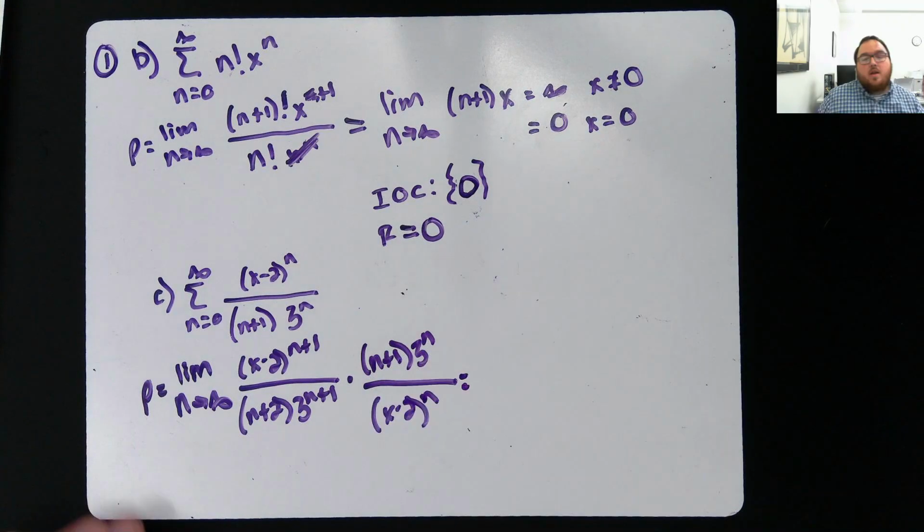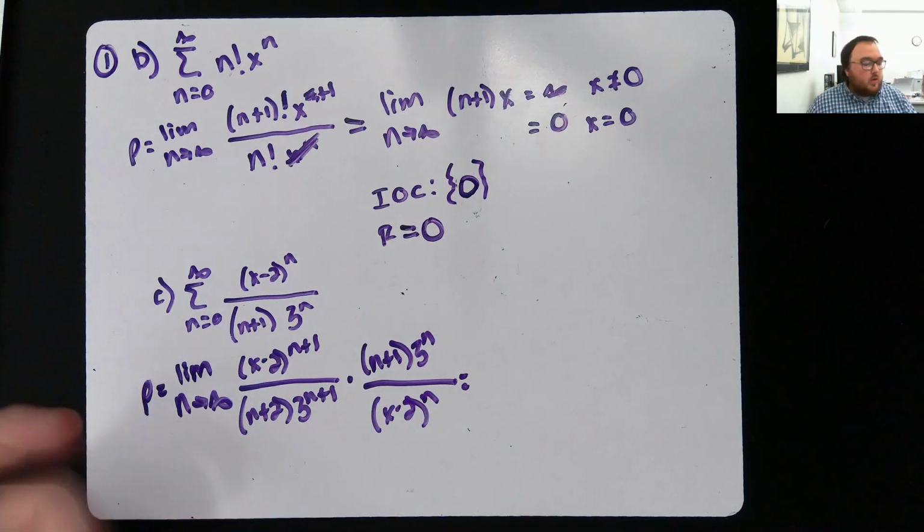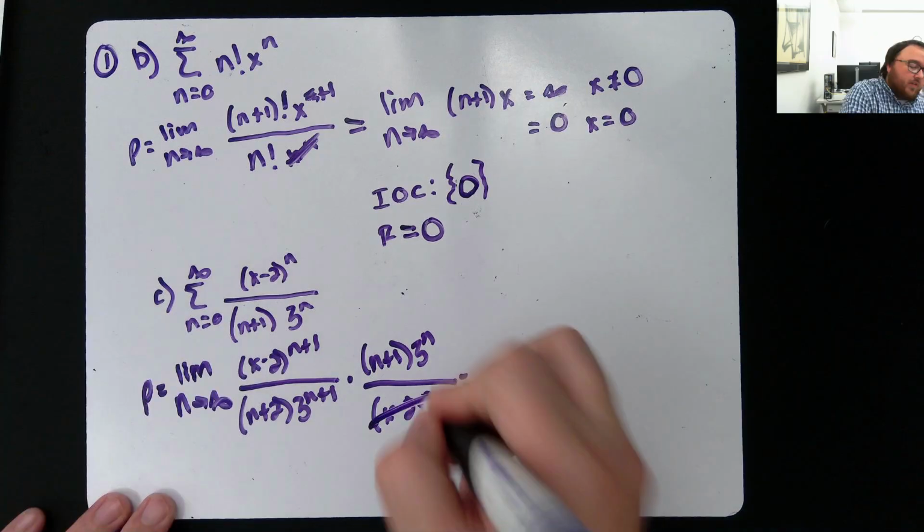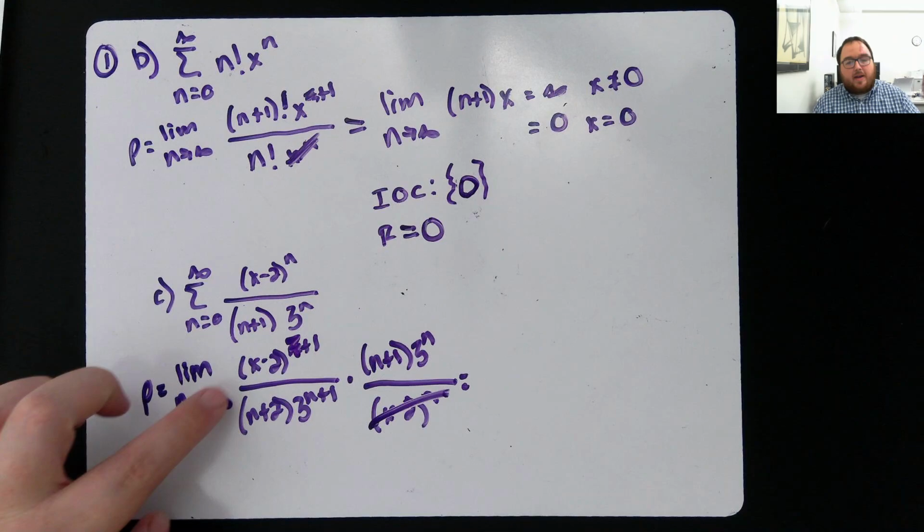And let's see what happens there. So first things first, I have (x minus 2) to the n plus 1 over (x minus 2) to the n. Both of them have an n, so cancel out the n. Leaves me with (x minus 2) to the first on top, which is just x minus 2.